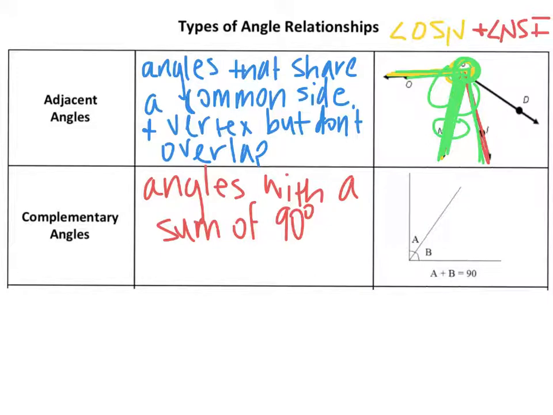So again, in our example, you can see that with angle A, which I just highlighted in yellow, that's part of a right angle, and then angle B is another part of a right angle, and when we add angle A and B together, we get a 90-degree angle. So again, complementary angles are angles with a sum of 90 degrees.